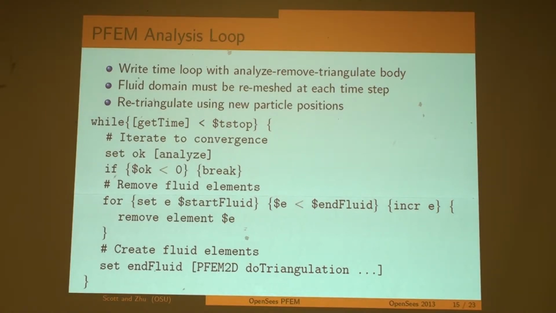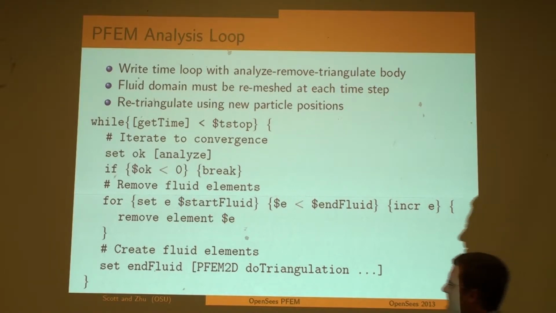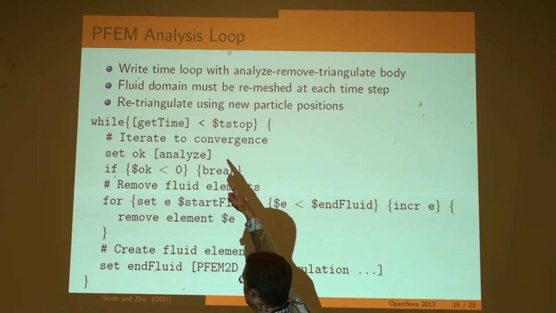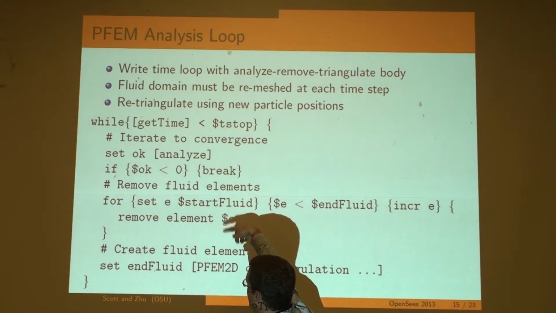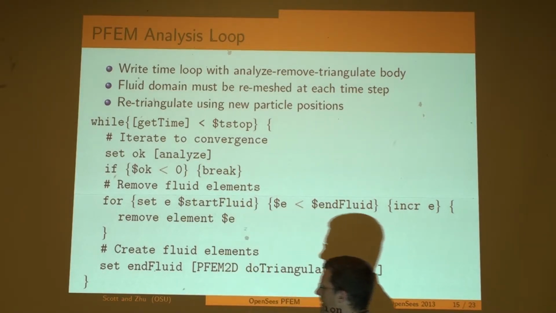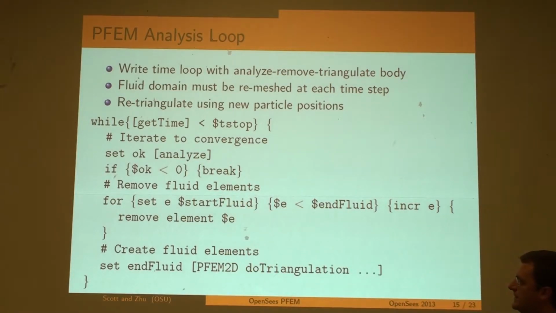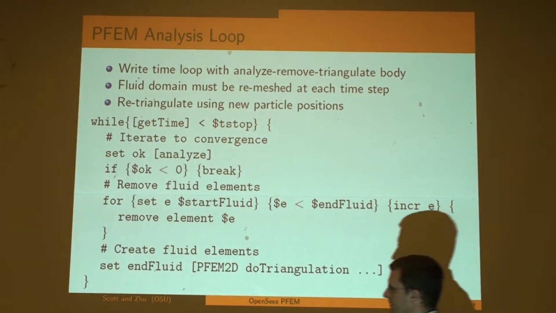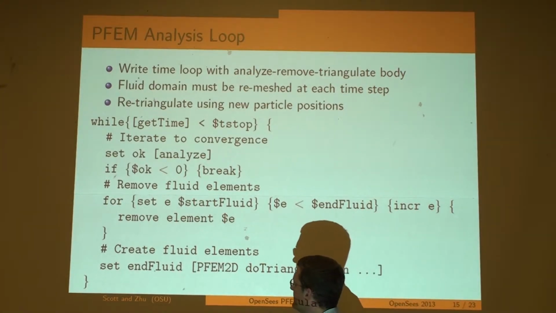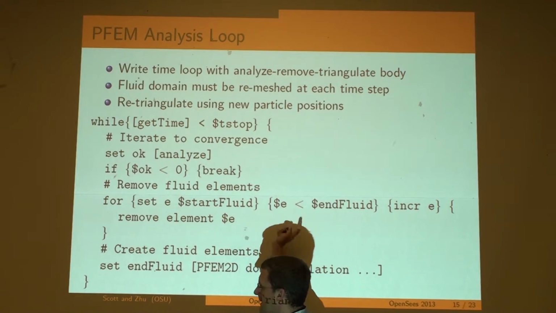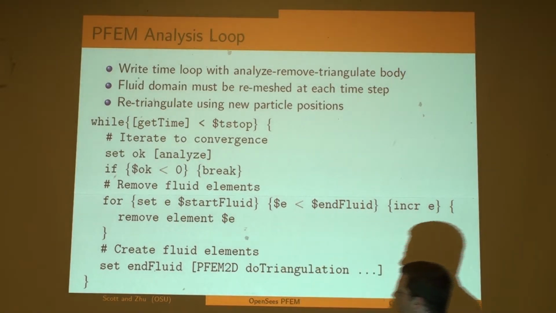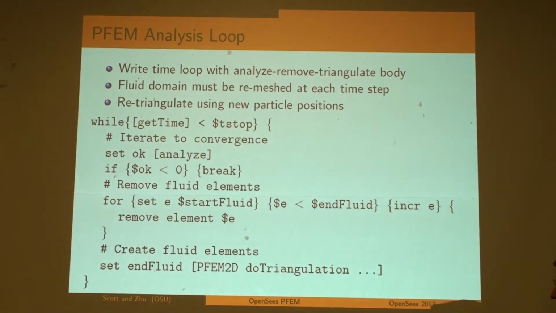But we just loop through time, do an analysis with the analyze command. And if everything goes okay, we go in and remove the fluid elements using the remove element command, which is available in OpenSees. So here we're looping through the tags that the triangulation command is returning to. So we know where we started, but we don't necessarily know how many elements are created at every time step.